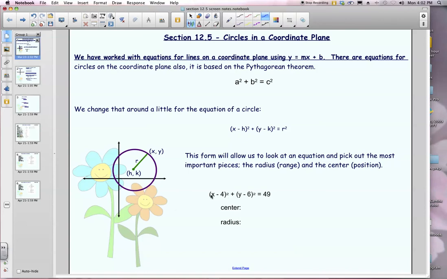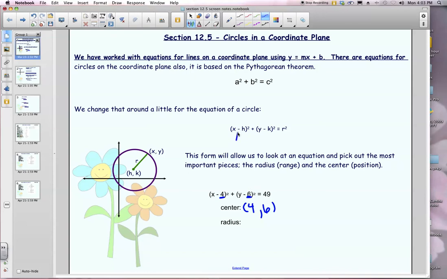For example, if this is the problem that you're given, x minus 4 quantity squared plus y minus 6 quantity squared equals 49, you could easily pull out the center of the equation of the circle. The center would be at 4 and at 6. Notice it's not negative 4 and negative 6.